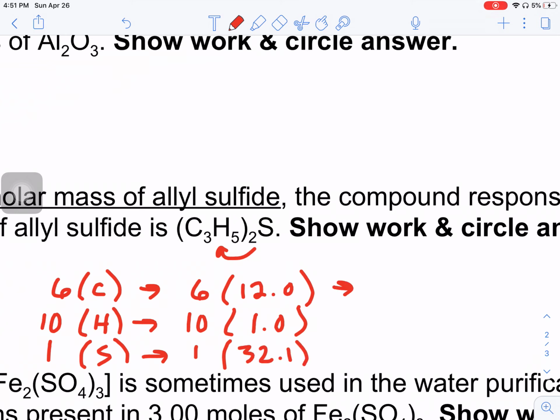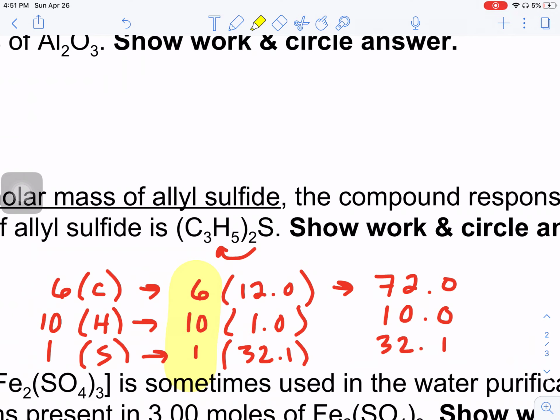And I can show my math here. So 6 times 12 is, I believe, 72. 1 times 10 is 10. And 1 times 32.1 is 32.1. Now, guys, quick note about sig figs. Don't let the number of atoms limit your sig figs, because these are exact numbers.